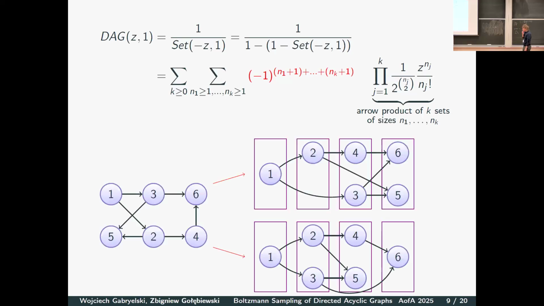And in fact, it's easy to see that if you get, let's say, this kind of directed acyclic graph, then you can decompose it into those sets of vertices in many different ways. For instance, here you got 2 different ways to decompose this graph.